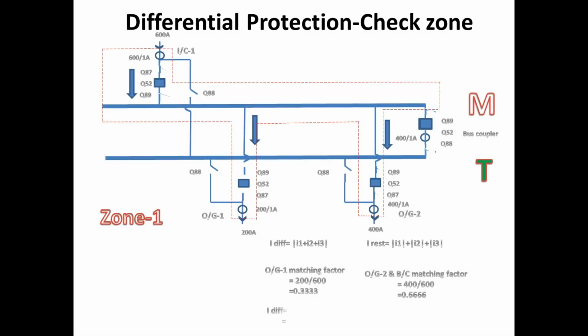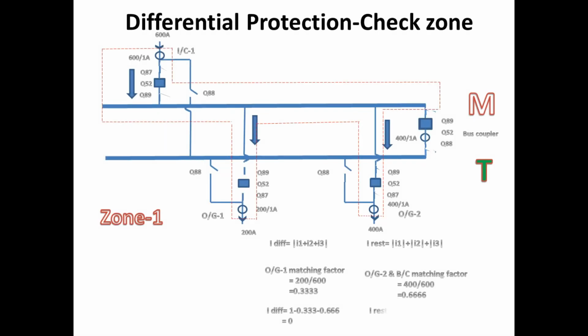Now if you multiply with this matching factor, outgoing 1 has 0.33, outgoing 2 has 0.66. When we add these two, it is around 0.9999, that is approximately 1. When we subtract this from the incomer, it is positive, so differential is 0.